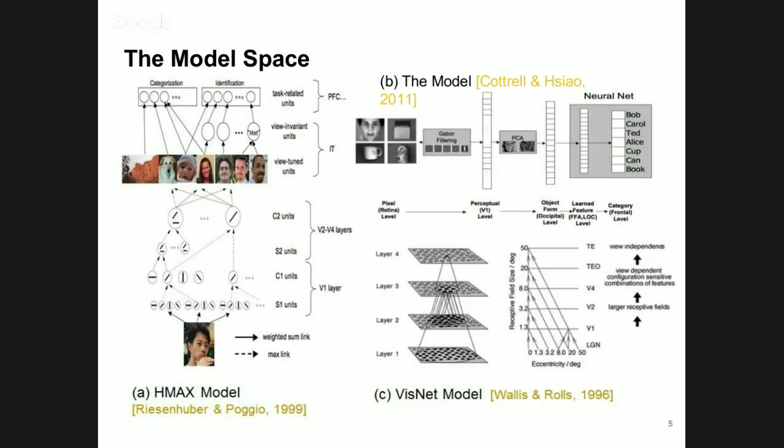Those are just a few feed-forward models, like HMax in 1999, VisNet, and the model by Gary introduced decades ago, still in development. Those are all feed-forward models. I mean, they have existed for quite a long time.